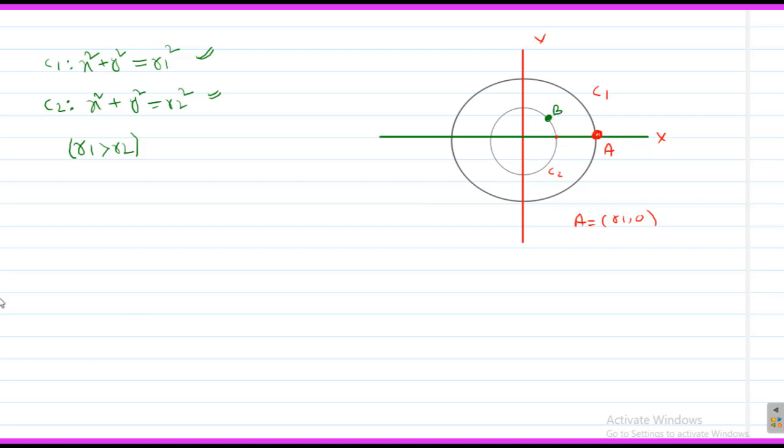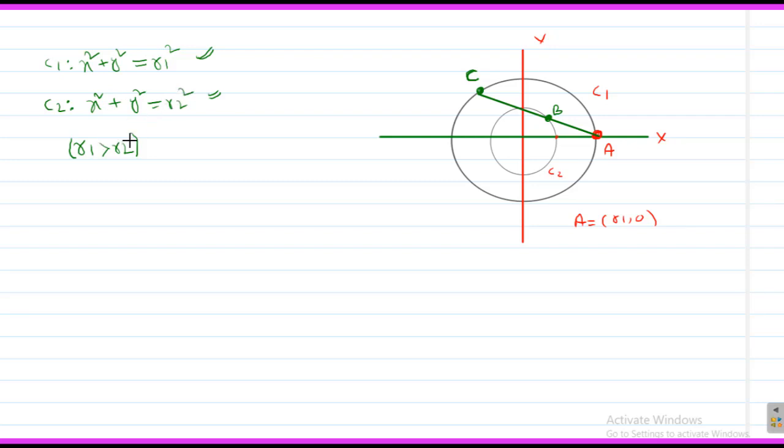So what they did, they joined A and B and extended it. That line again meets the circle C1 at C. This is the information. x square plus y square equal to r1 square is the first circle. x square plus y square equal to r2 square is the second circle.